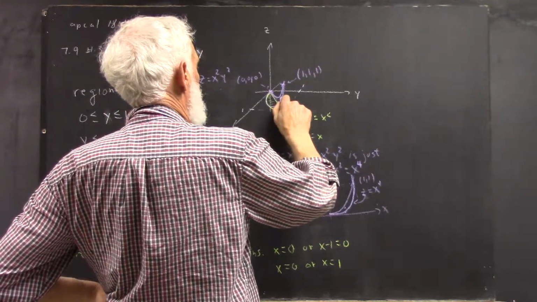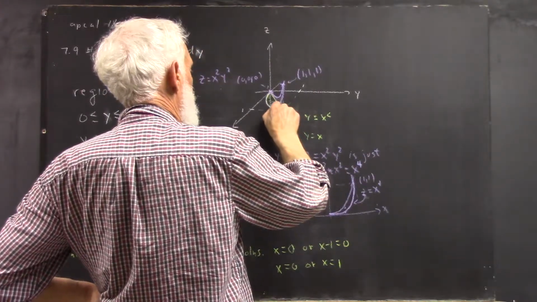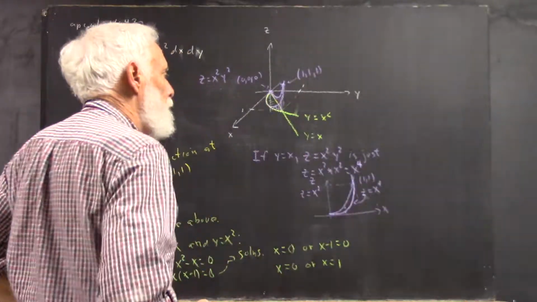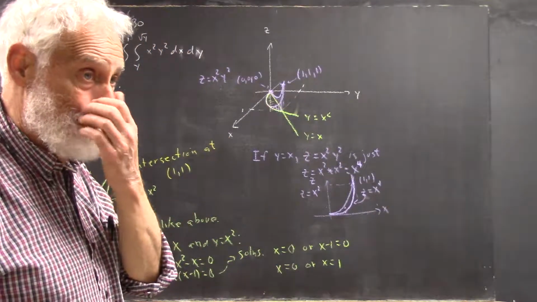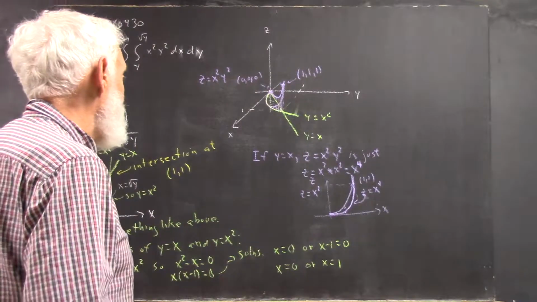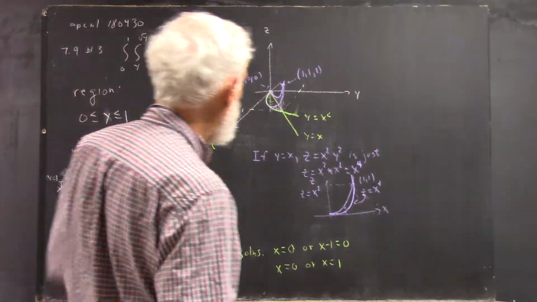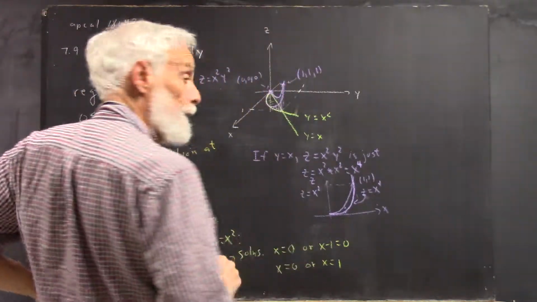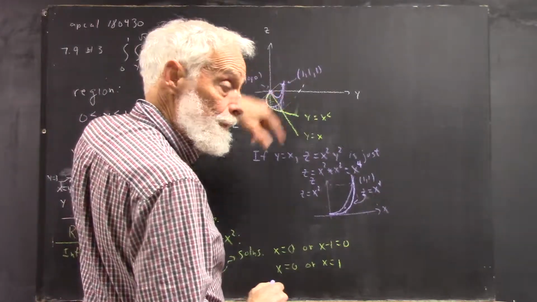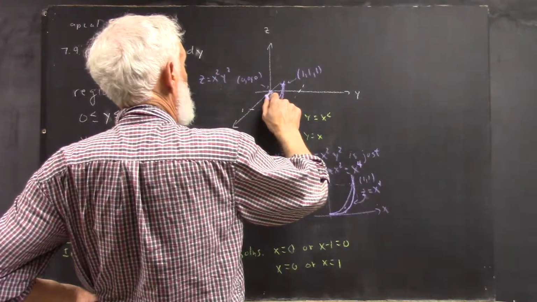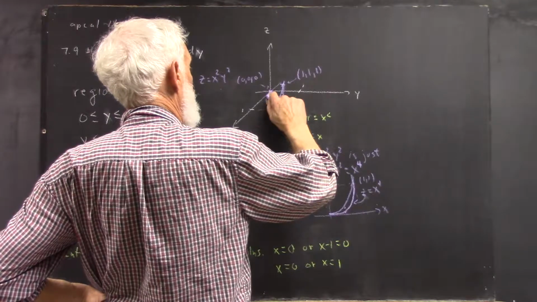So above this curve here, it looks something like this. Now, we could do all kinds of analysis and figure out what it looks like between here and here. But it's going to do something much like this.